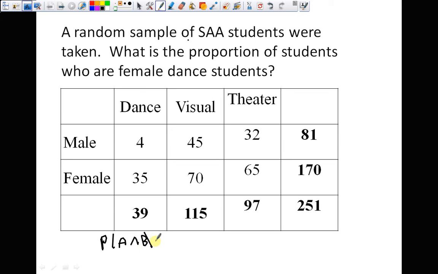It's got to satisfy both of these characteristics. Well, we just talked about that. The only cell in here that satisfies both female and dance students would be this 35 students right here. They're female, they're also dance. So it's the probability of both of these events being met. So our final probability is the 35 students out of the 251 students.